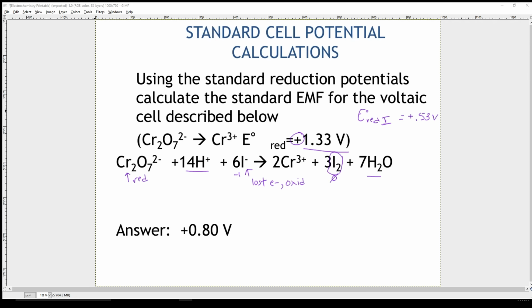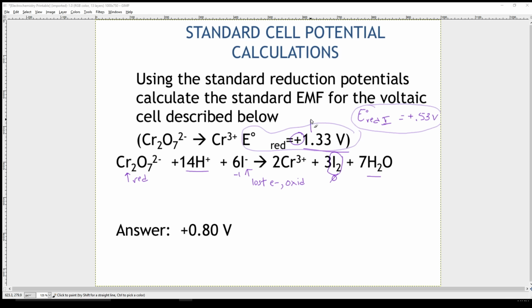So we have our two different numbers here, this one and this one. Which one is going to come first? The one that belongs to whatever is being reduced will come first. The cathode comes first.